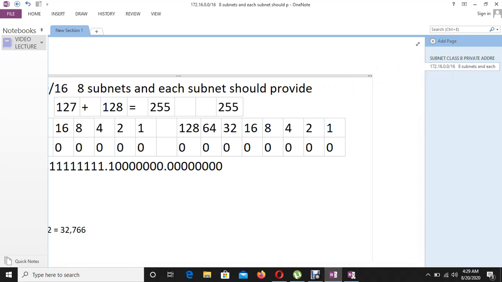Let's say 7,000 users. So we need 8 subnets, and then we need 7,000 users. That is basically what we are looking for, and then we're gonna have to do some subnetting to get that right. So you guys are gonna follow me because I need to get that right.